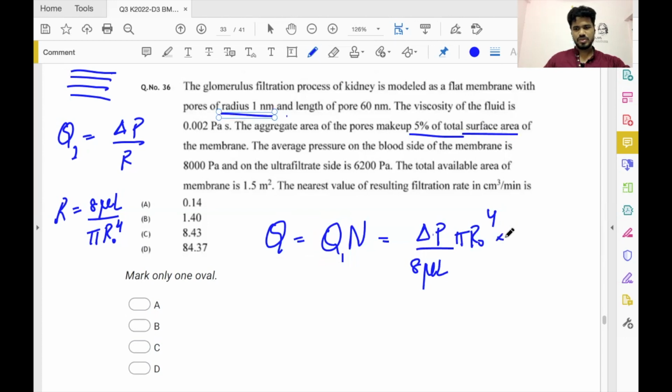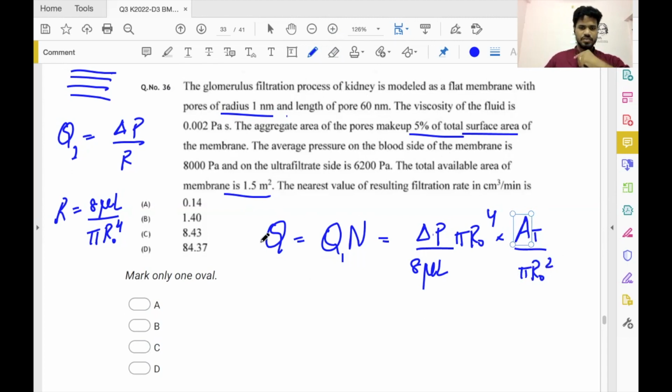So total membrane area is 1.5 meter square. For now, let me write A total by size of area as 1.5 over pi R naught square.